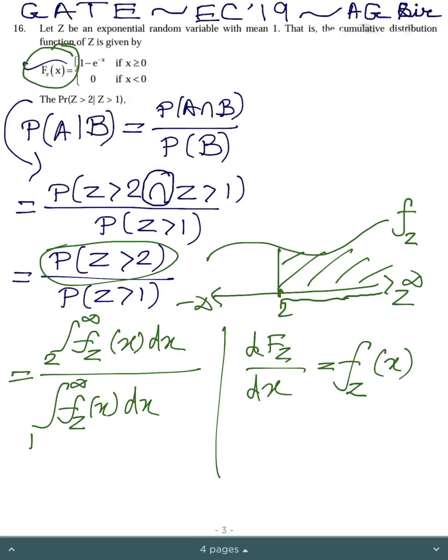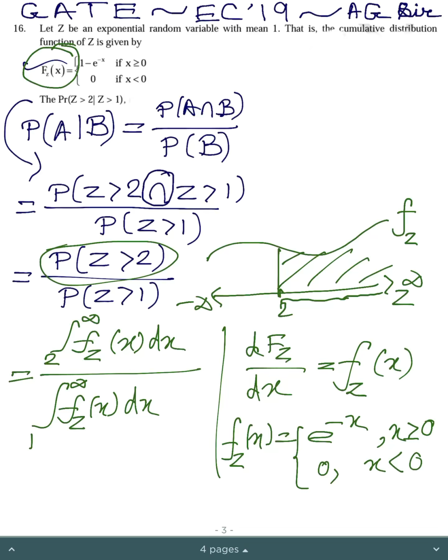Therefore, we first find out small f over here. Let us differentiate capital F. Capital F is given as 1 minus e power minus x for x greater than or equal to 0, and upon differentiation it produces e power negative x only. Similarly, it becomes 0 when x is less than 0.